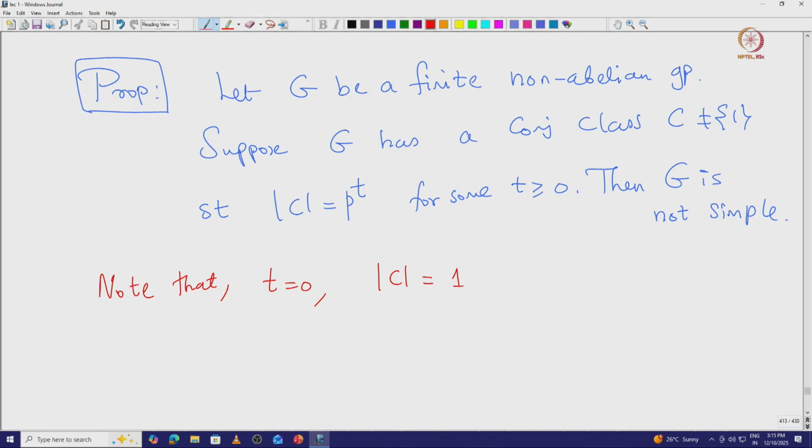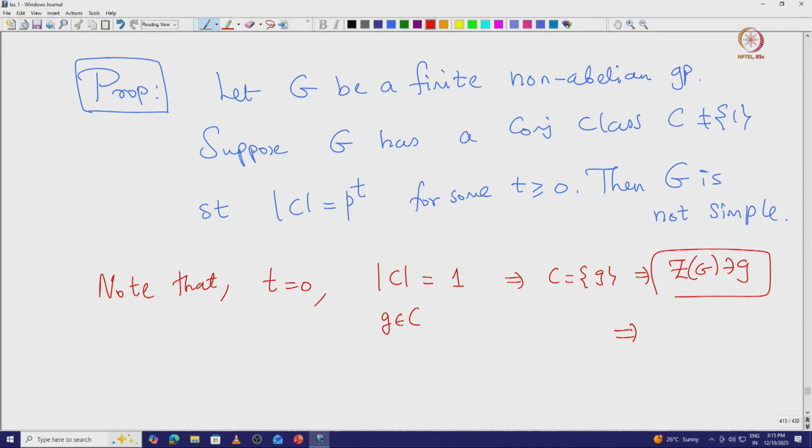That means the number of elements in the conjugacy class is exactly 1. So, let us say g is the element in this conjugacy class, then C is {g}, and that would imply that this element g belongs to the center.